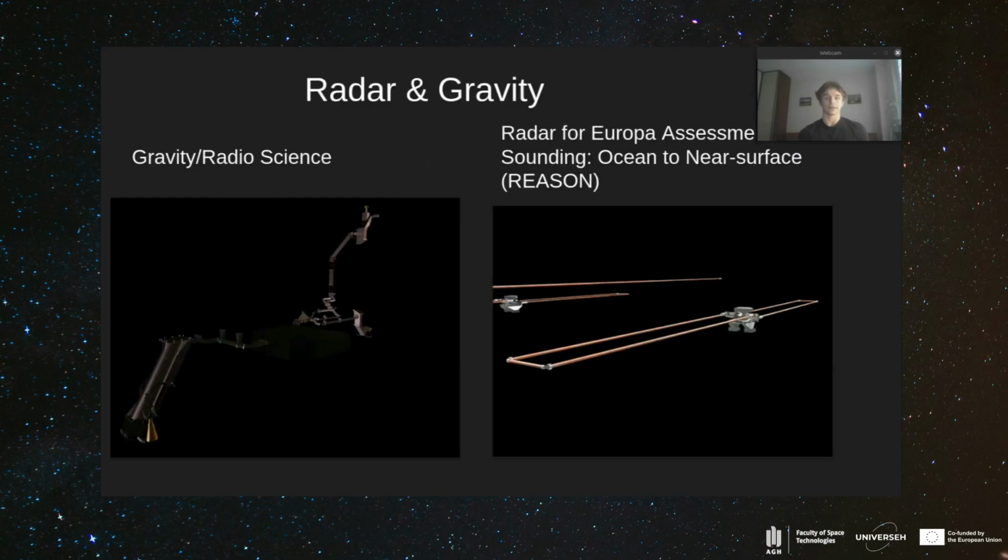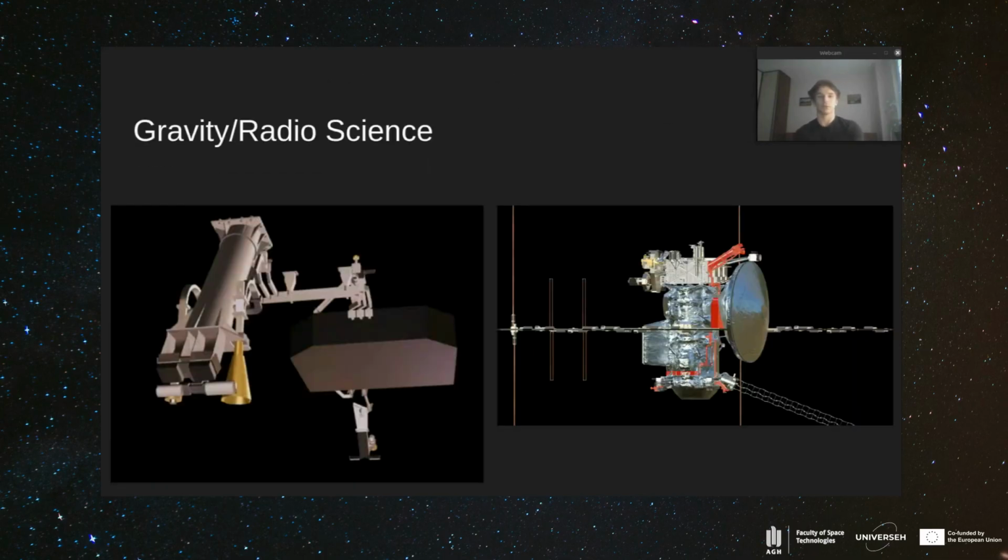And REASON is responsible for sending radio waves directly into Europa's surface. Those radio waves will be reflected back and we will be measuring the differences. I will more deeply discuss GRS later, because it's closely connected with one specification of Europa and Jupiter.